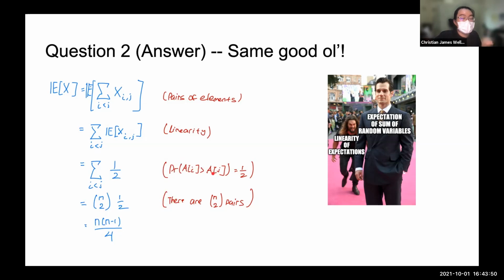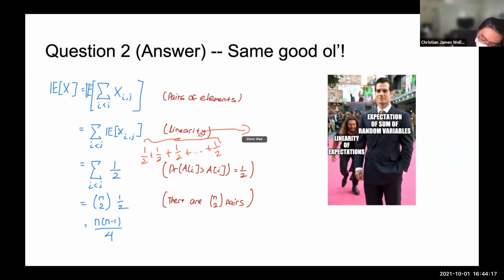This is exactly what we just counted: the probability is half, so we substitute half here. There are n choose 2 pairs, so it's n choose 2 times half. You count half plus half plus half, all the way, and there are n choose 2 pairs. That's how I got to this line.